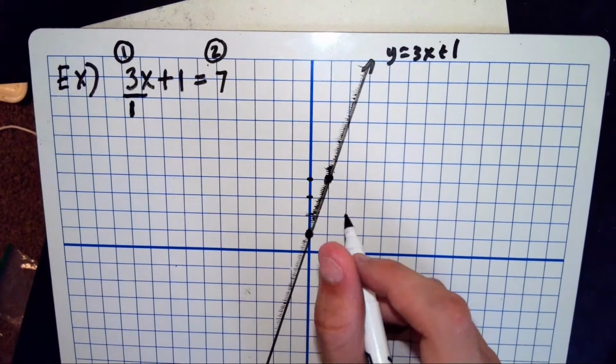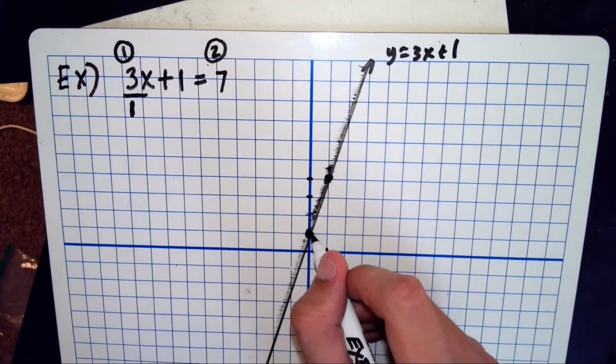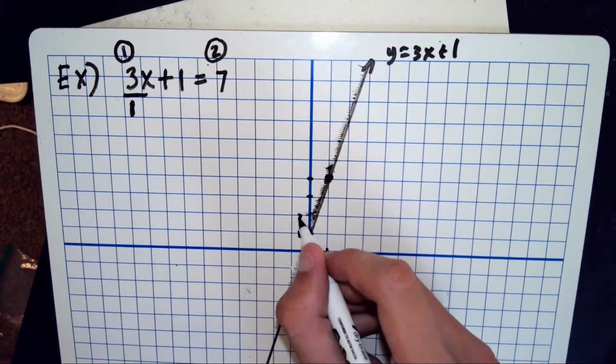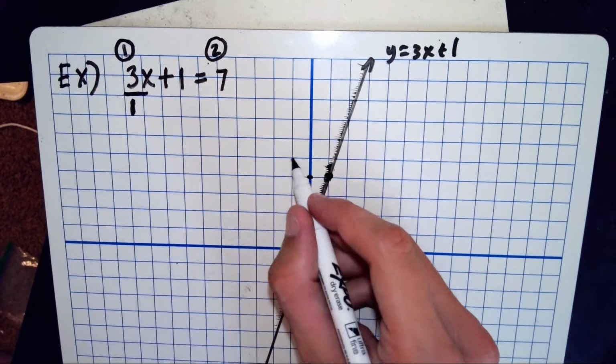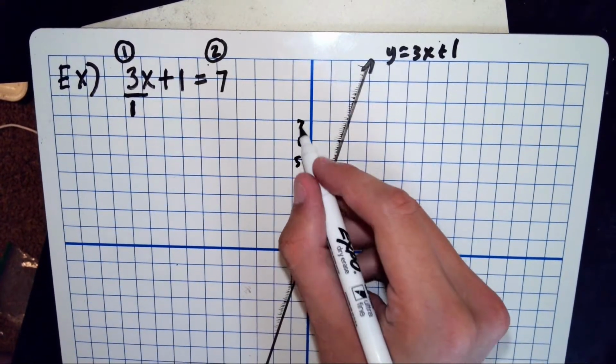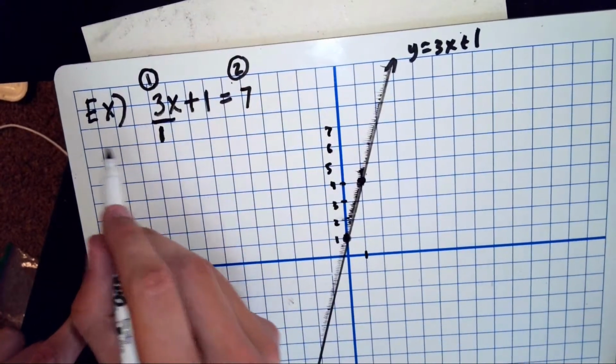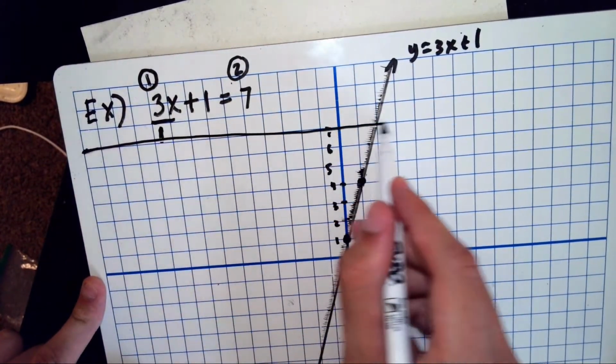So I'm going to come up here on the y-axis to a value of 7. So 1, 2, 3, 4, 5, 6, 7. I go up here and then I draw in that horizontal line through that point.